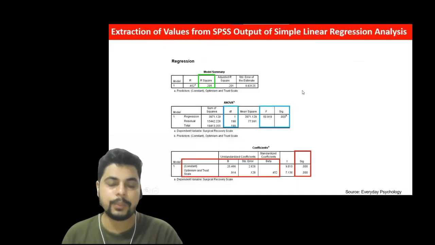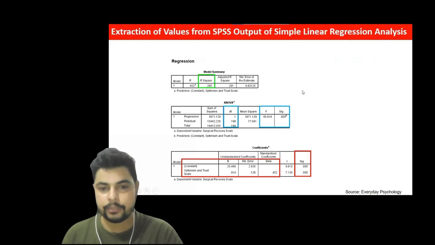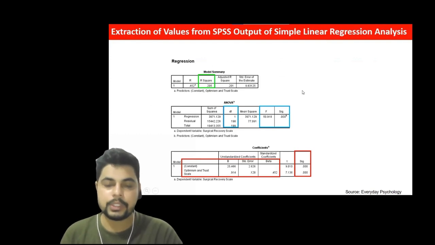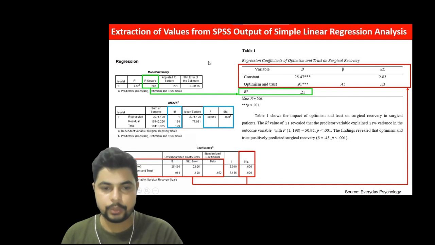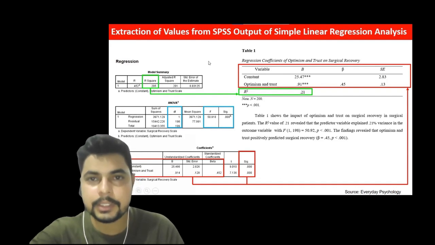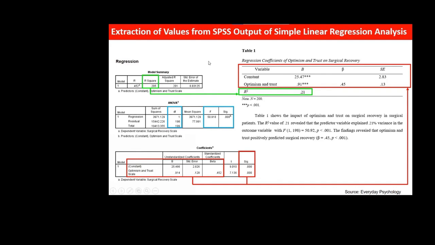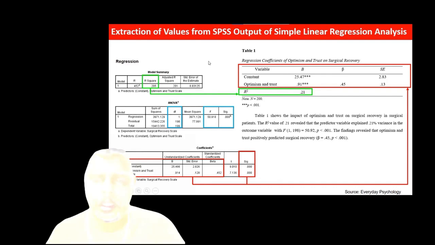We see the R square in the model summary, then the degrees of freedom, and also the variables' beta value, the standard error, and the standardized coefficient value. We also see the significance value, whether our result is significant or not. So we get these values and interpret our result in the APA 7 format. You see how we make the table, and also the interpretation. This is just a simple interpretation according to the APA 7 format.